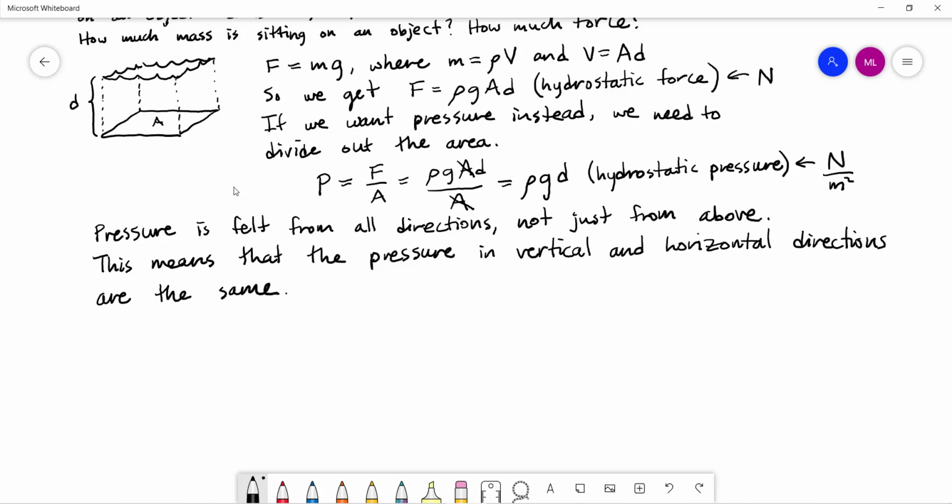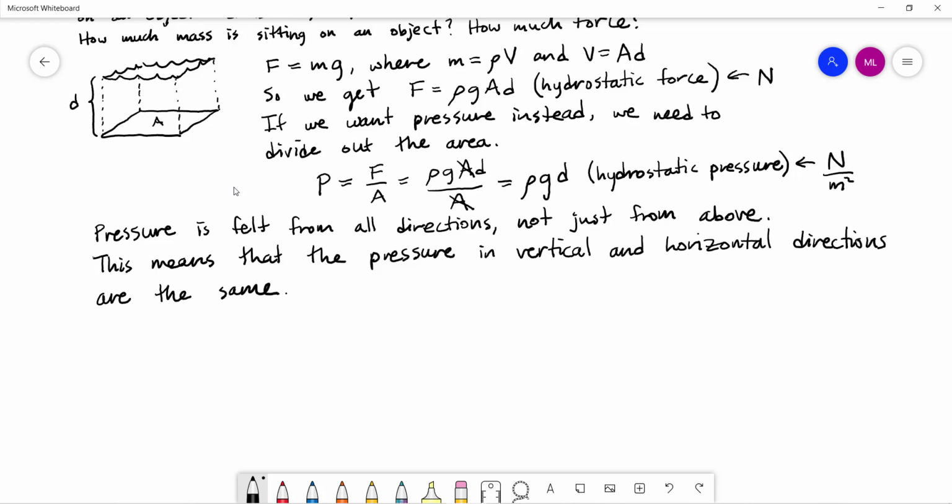Or think of it this way, and this is in fact some examples we're going to do in a minute. If you've got a fish tank, just because the walls of your fish tank are vertical, and when I say they're vertical, that means there's no water above, quote unquote, above the wall, pushing down on it, there's still absolutely pressure from the inside of the tank pushing outward on the walls.